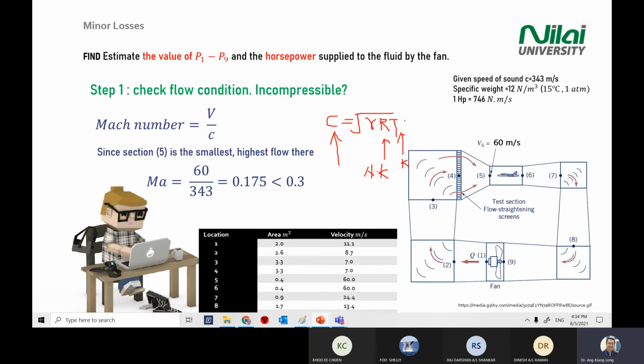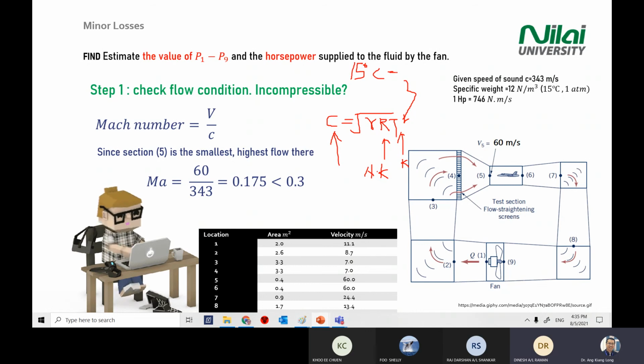All right. So, Dinesh, what is the temperature of the standard condition? What is the temperature in Kelvin? 15 degrees Celsius. How to convert into Kelvin?